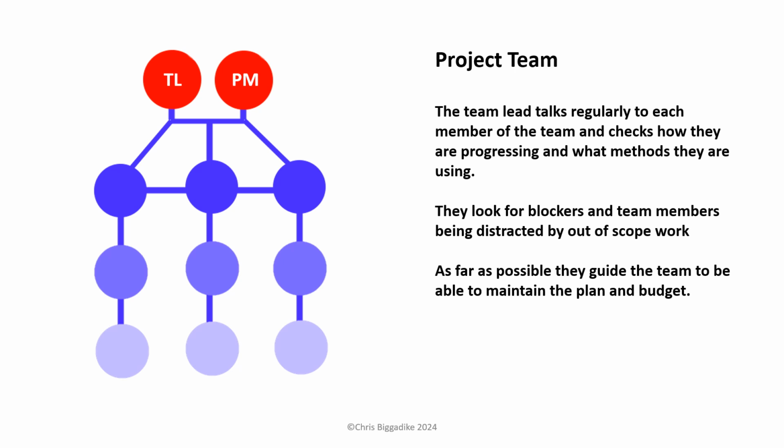The team lead talks regularly to each member of the team and checks how they're progressing, what methods they're using. They're looking for blockers, and they're looking for team members being distracted by out-of-scope work, or maybe going off in the wrong direction. As far as possible, they guide the team to be able to maintain the plan and the budget.